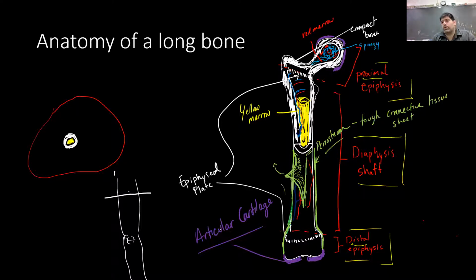That articular cartilage is going to then be continuous with what we call the periosteum. And the periosteum is this tough sheet of connective tissue that wraps the entirety of the bone. As I mentioned, that tough connective tissue sheet is going to afford a place for muscle attachment.